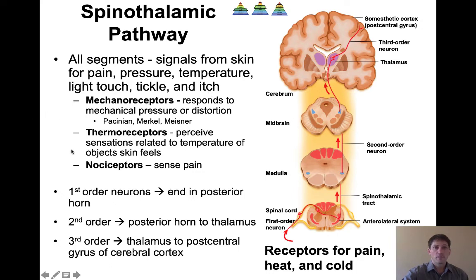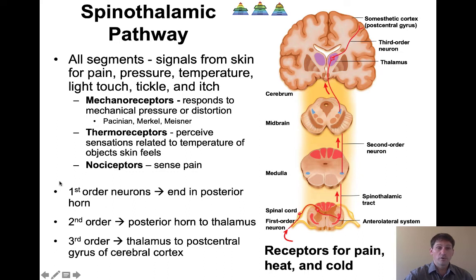So when we talked about all these different receptors with our integumentary system, we talked about our mechanoreceptors that are responding to pressure and touch, so our Pacinian, our Merkel, and our Meissner corpuscles. When we talked about thermoregulation and picking up temperature, that's going to come in through this spinothalamic pathway. Nociceptors, noci means hurt, and so basically these are our pain receptors.